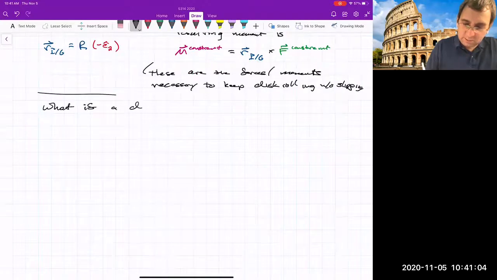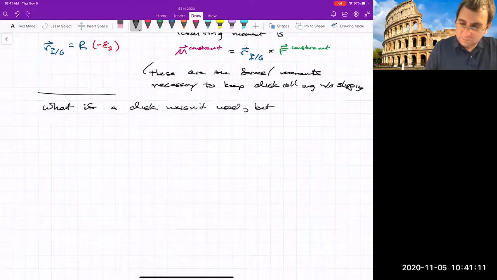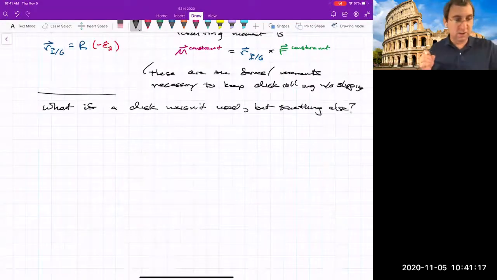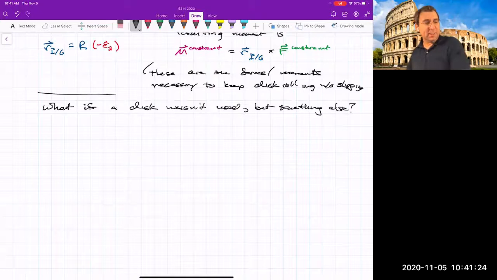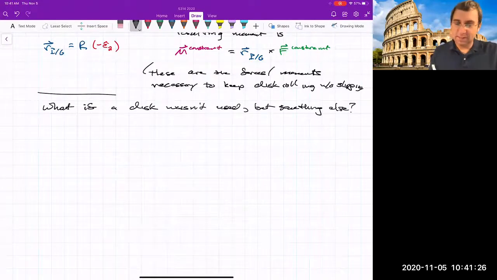So what if a disk wasn't used? What would change and what wouldn't change? Suppose they have the same mass. We would be changing the moment of inertia.